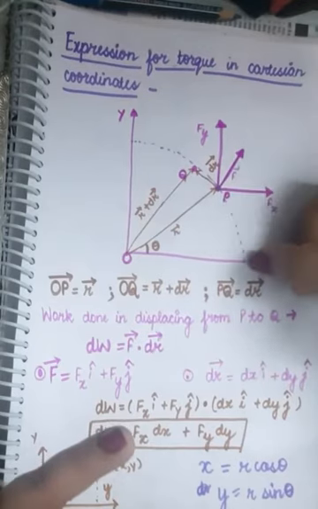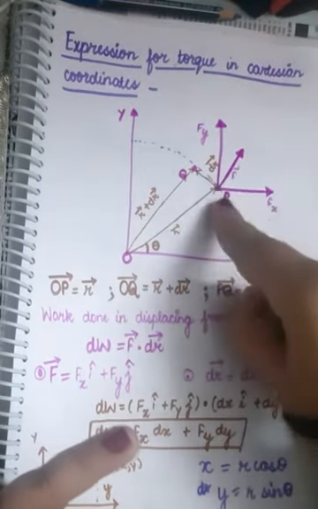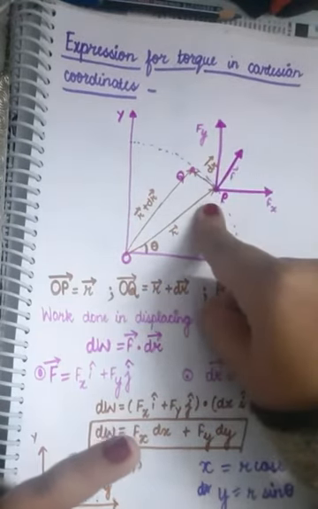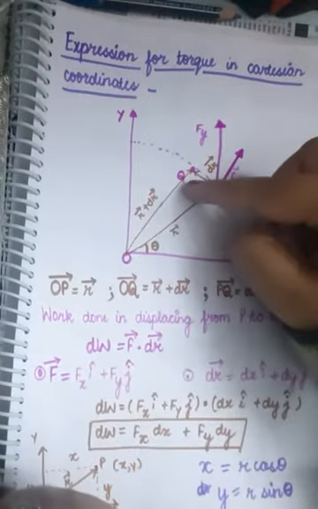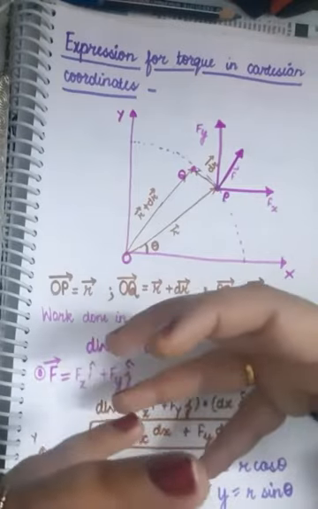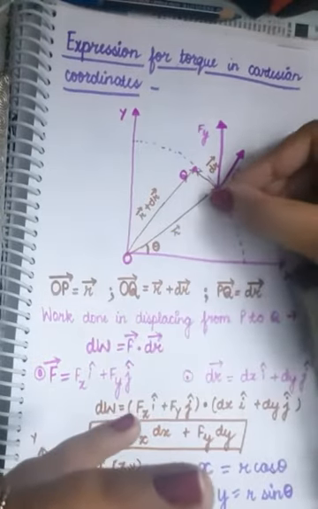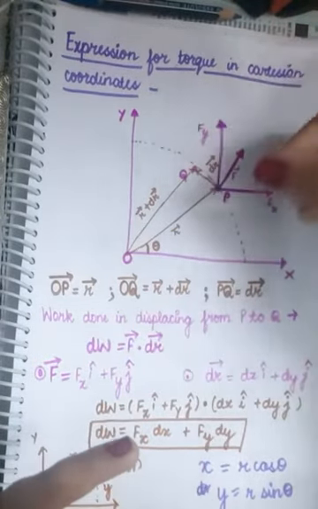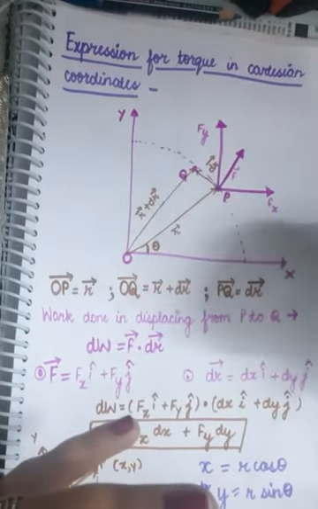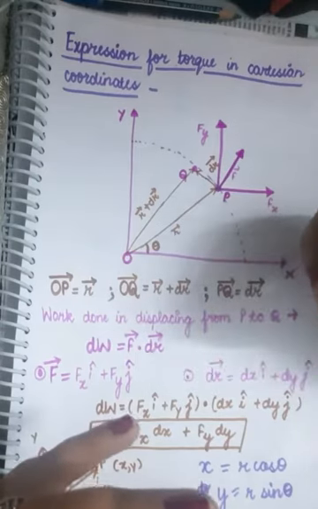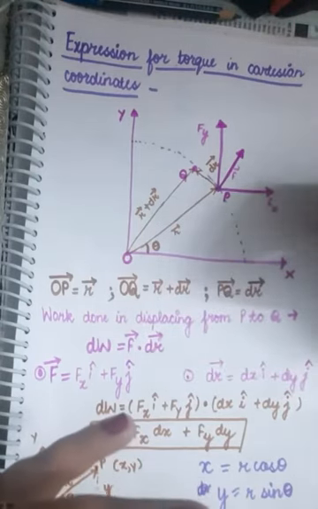Suppose when it is undergoing rotation, its initial position is P, and after an instant you view the object to be at Q.